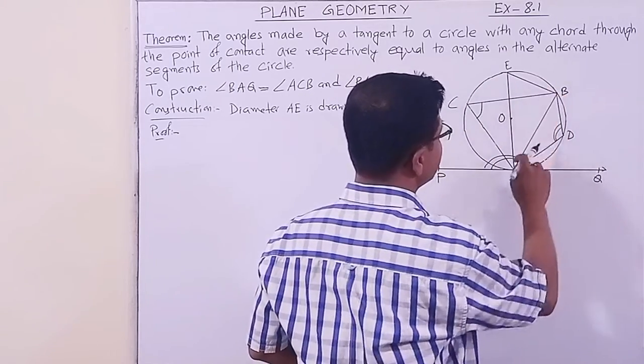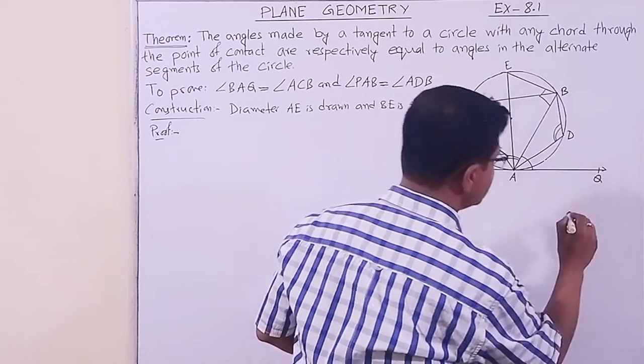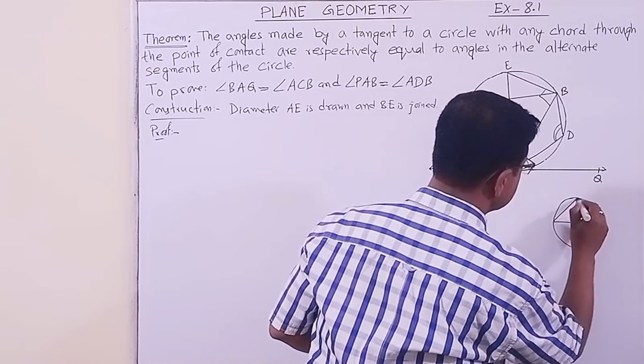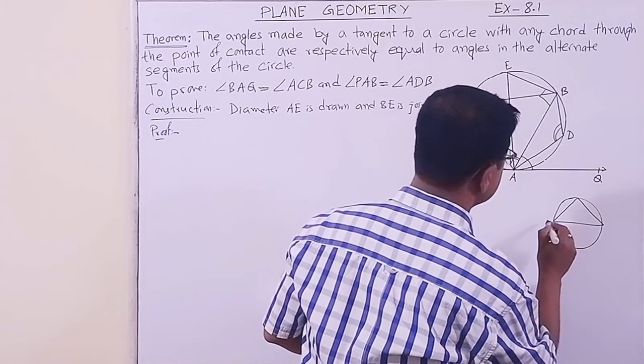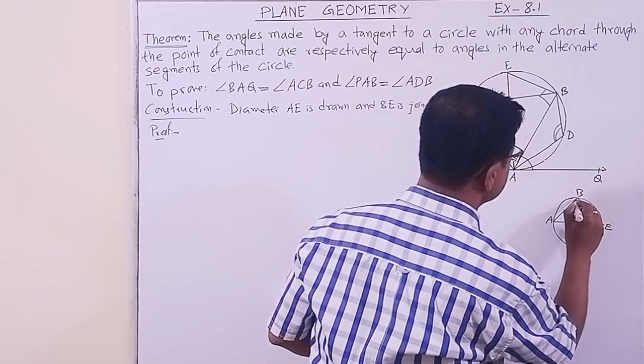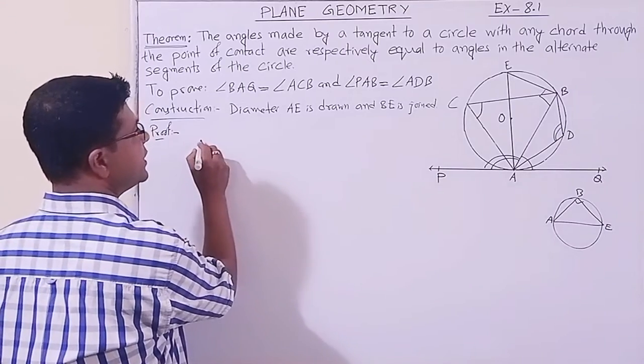So what is the measurement of this angle? Can you say? This is the angle in a semicircle. This is A, this is E, this is B. This angle is 90 degrees because the angle in a semicircle is 90 degrees.